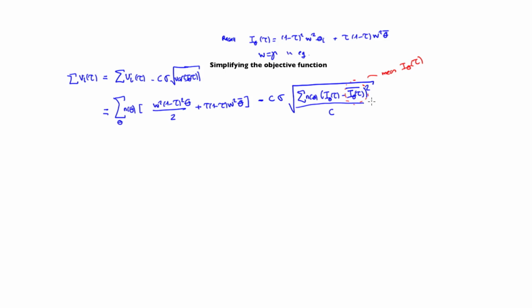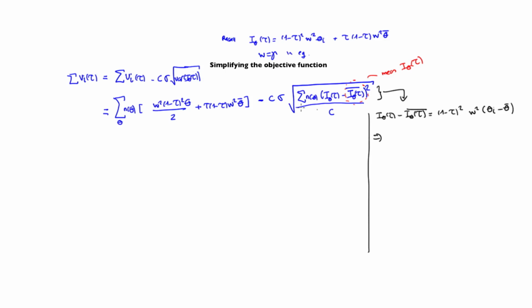Now let's look at this term for a second on the side. What is I theta of tau minus I theta tau mean? If you go up there and do the algebra, this is just equal to (1 minus tau) square w square times (theta i minus theta mean).